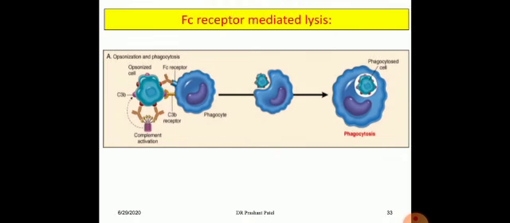Then Fc receptor mediated lysis. Here C3b is present on the target cell, and this C3b is identified by the Fc receptor or C3b receptor which is present on phagocytes, and they undergo phagocytosis, and thus the cells or tissue is destroyed.